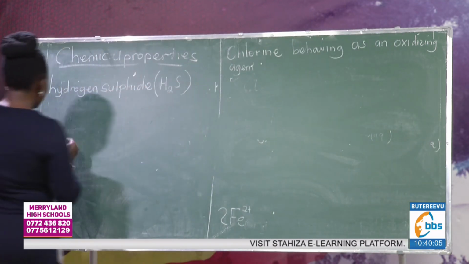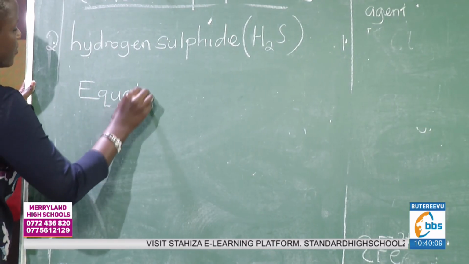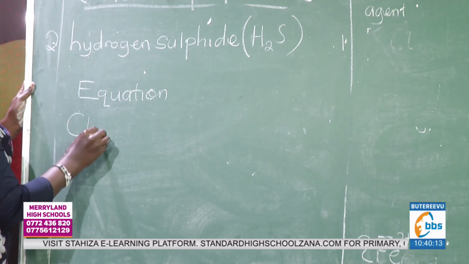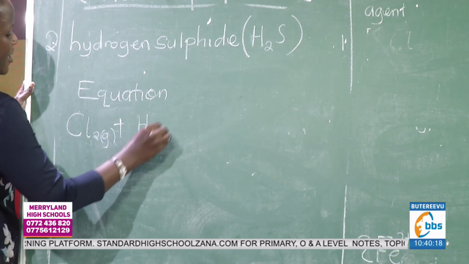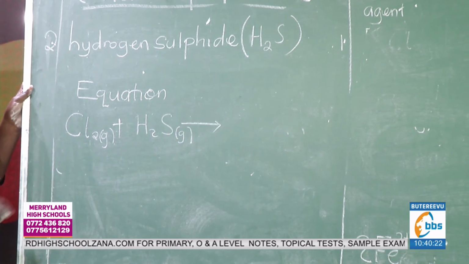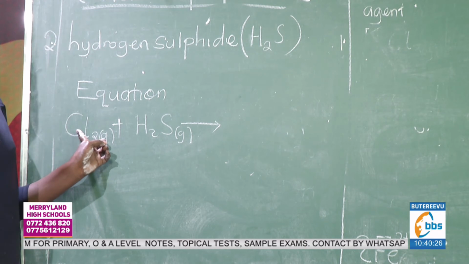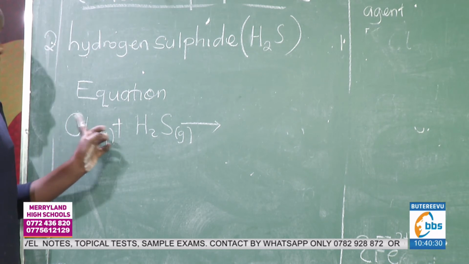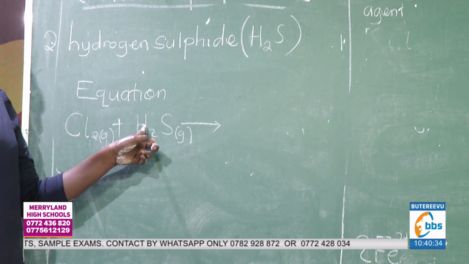So when we have chlorine gas, our equation: we have our chlorine gas being reacted with hydrogen sulfide. And what are we expected to form? Remember, we are saying this is acting as an oxidizing agent. And this time around, it's going to act as an oxidizing agent by removing hydrogen from hydrogen sulfide.